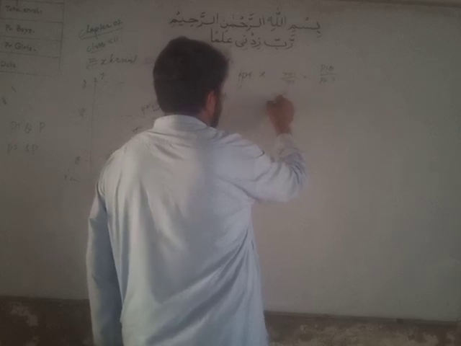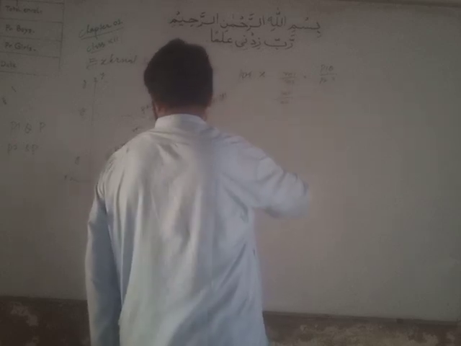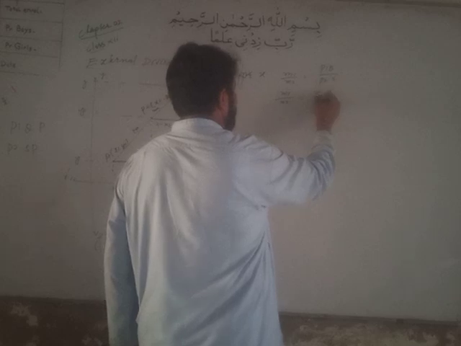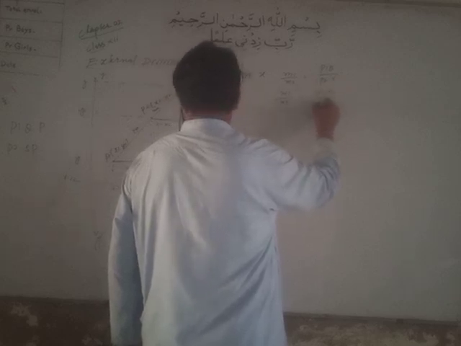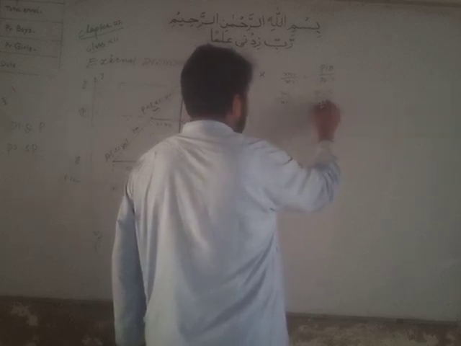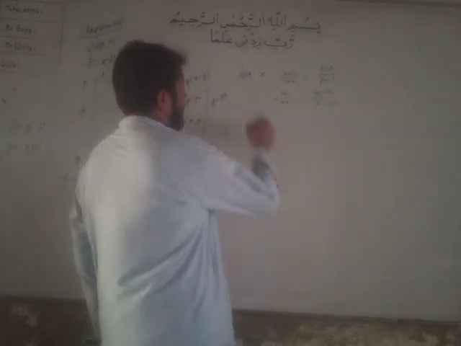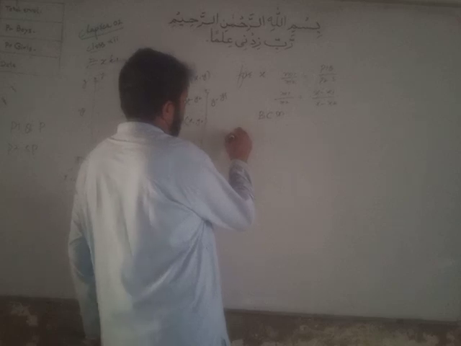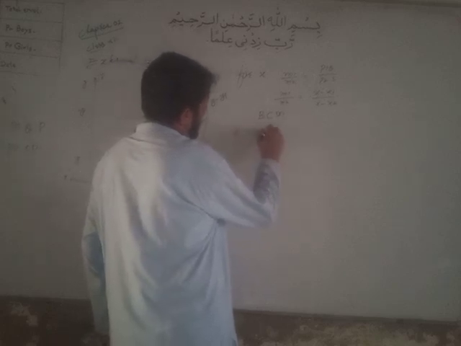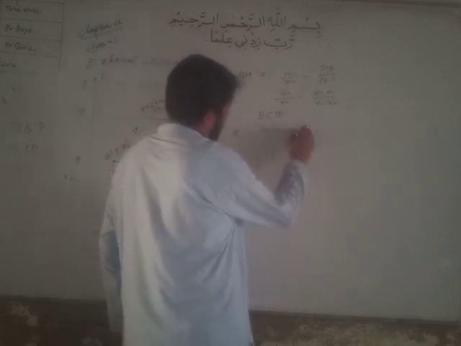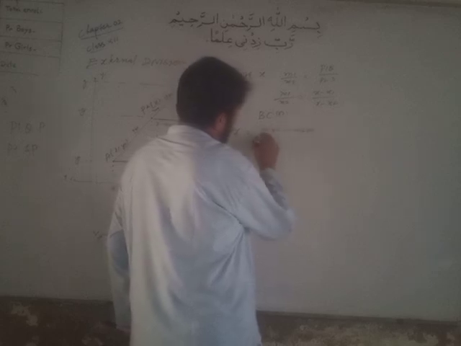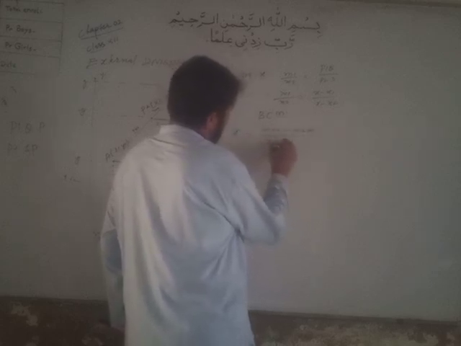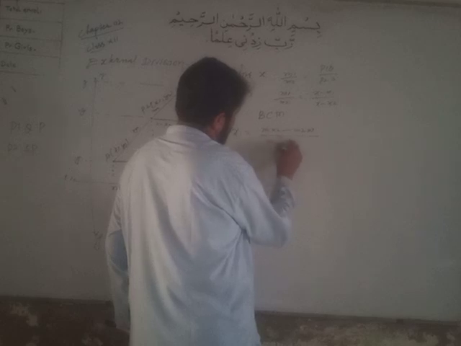So m1 upon m2 is equal to x minus x1 upon x minus x2. By cross multiplication we can calculate, so the result will be x equals m1 x2 minus m2 x1 upon m1 minus m2.